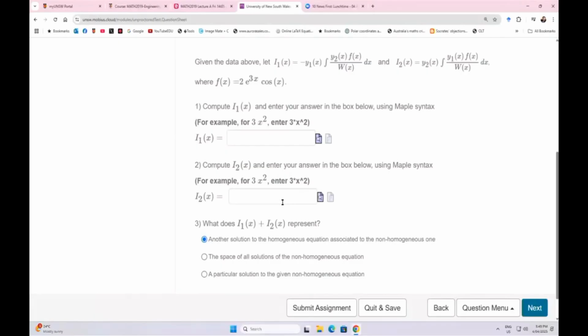Come on. I've ticked number 1. Does that sway you at all? Okay, who thinks it's number 2? The space of all solutions to the non-homogeneous equations. Number 3? A particular solution to the non-homogeneous equation. I think it's number 3. I think it's number 3.